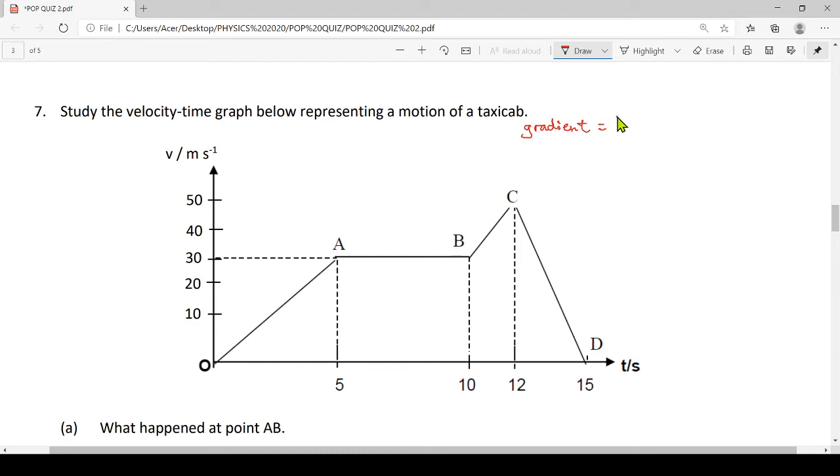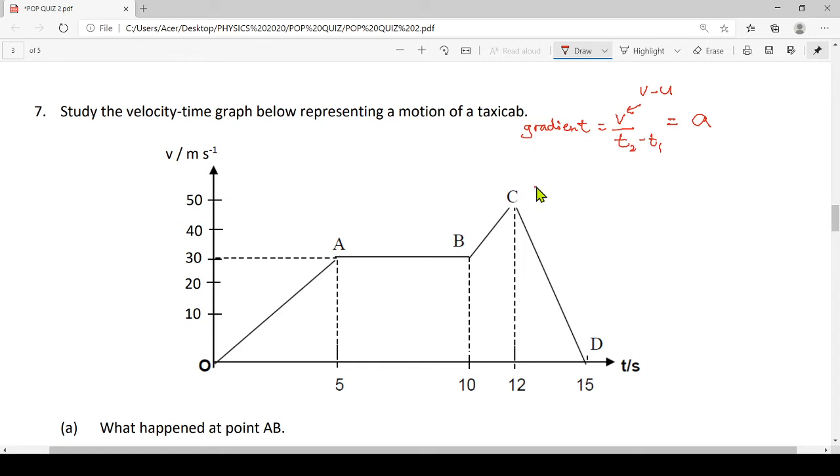Y is velocity and x is time. So the gradient is v over t, I can write this as v minus u over t2 minus t1, right? So that is our acceleration.